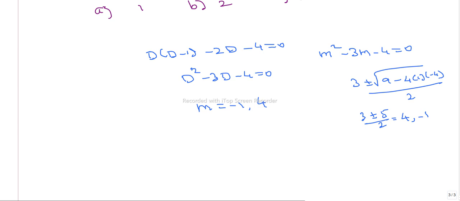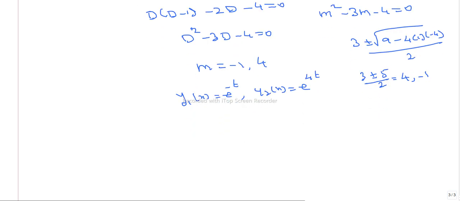Therefore, what is the solution? One solution is y1 is e power minus t, and y2 is e power 4t. Okay, so we are substituting x equal to e power t. Therefore, what is t?